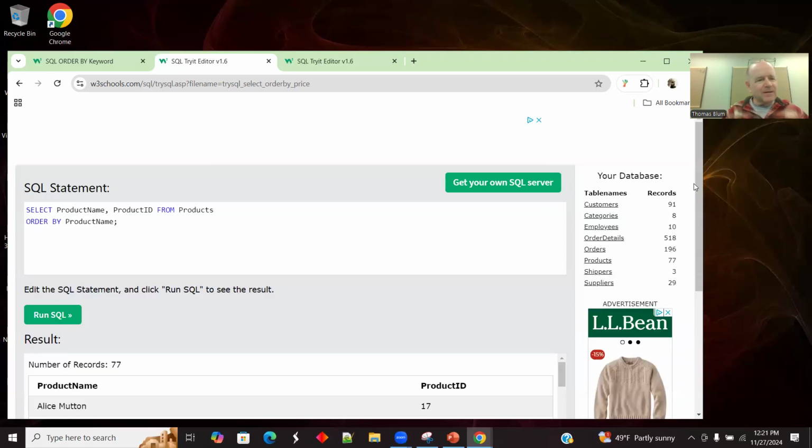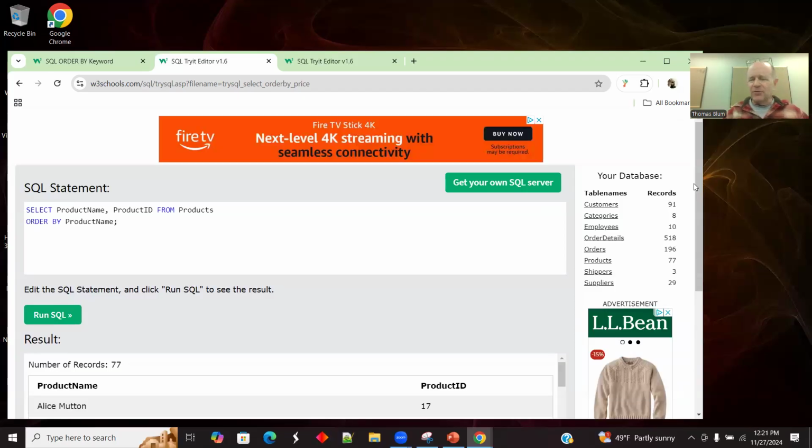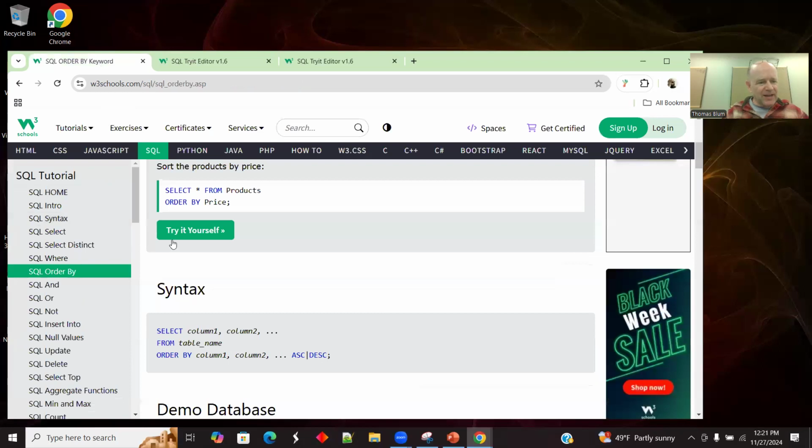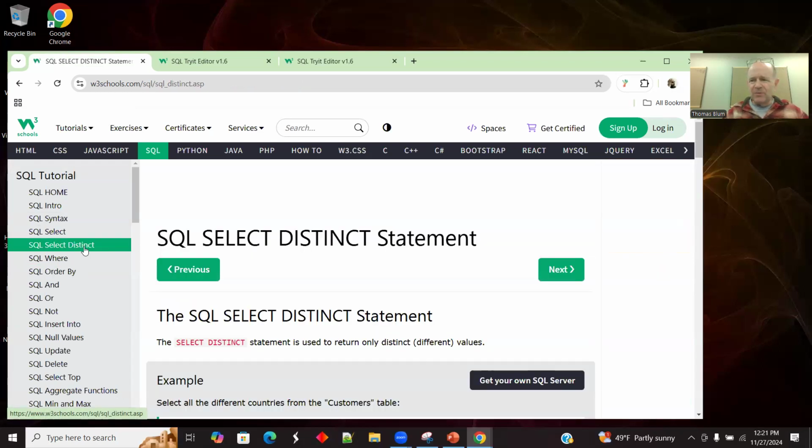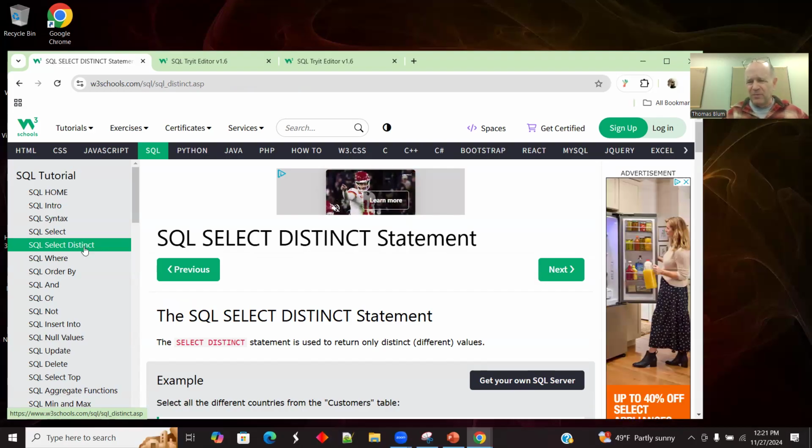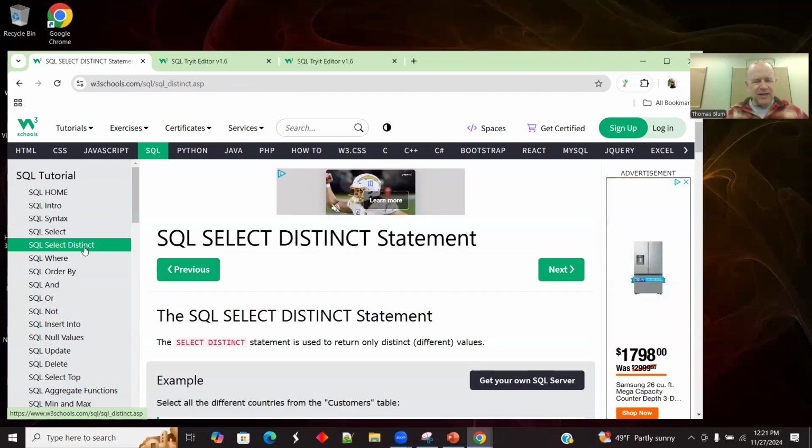It's simple enough. Another sort of simple thing that can come up in certain queries, let me go back here, is the distinct. So sometimes when you are picking out just a few fields, like each record in a table should be unique. That's part of what we mean by a relational database, that all the rows are different.